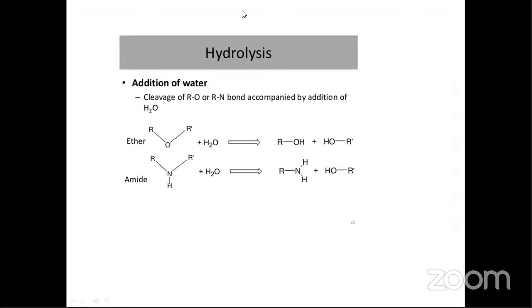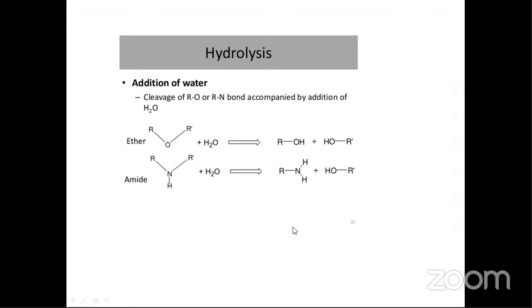Hydrolysis: there will be breakage of this bond. This is the ether linkage, ROR, so it will give ROH plus R'OH. Similarly, if an amide linkage is there, it will give RNH2, the amino group, and ROH by addition of water. So hydrolysis will be there by breaking of this bond.